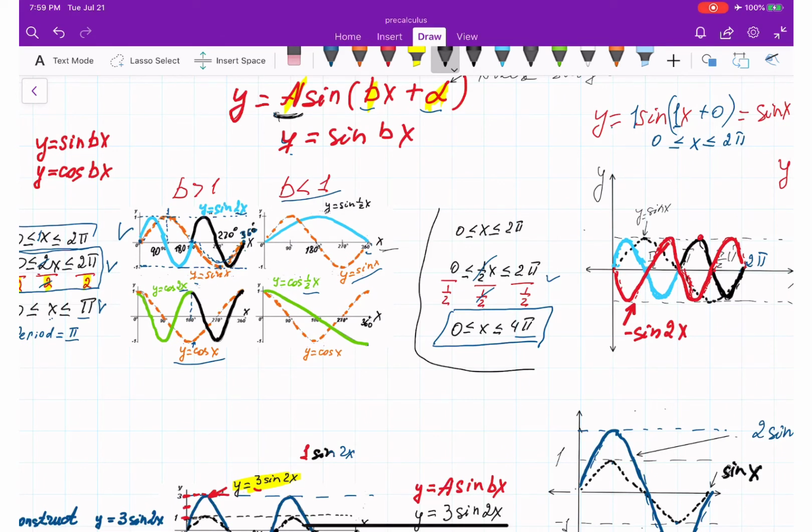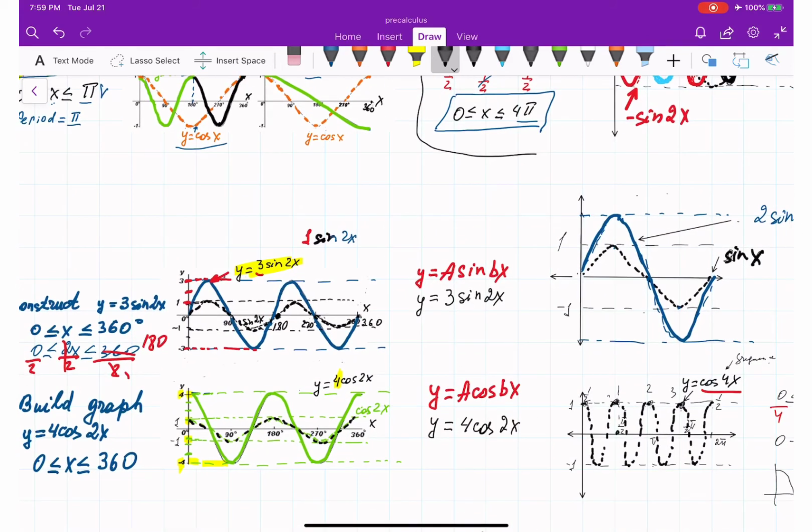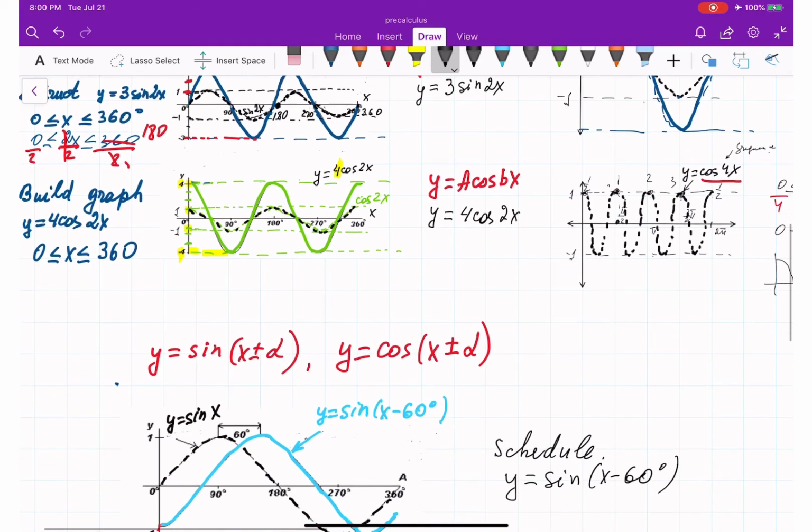So one full wave here is fitting in 4 pi in this case, right? Because it's half of x, which means half of x in 360 will fit only half of the wave. So that's where you can use it. It's used in astronomy and in medical areas where sine, cosine, oscillograph is running, and so on.